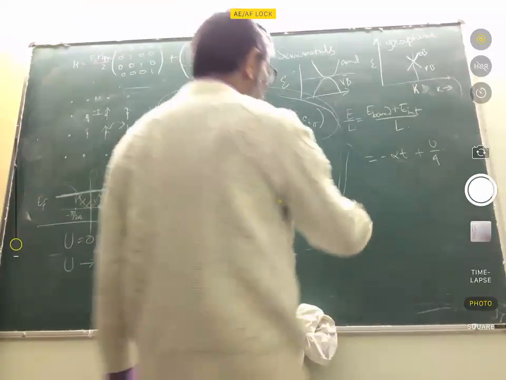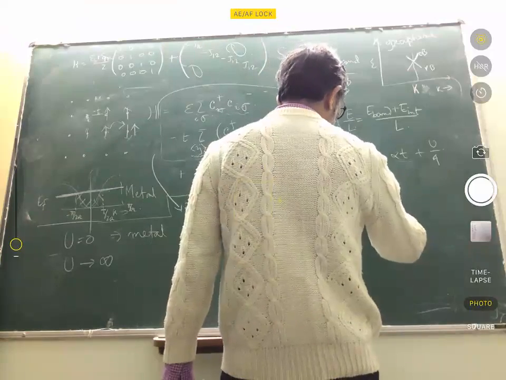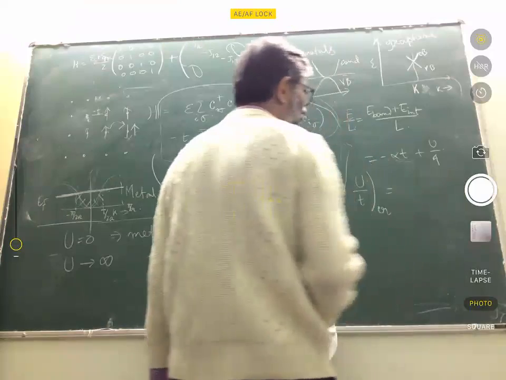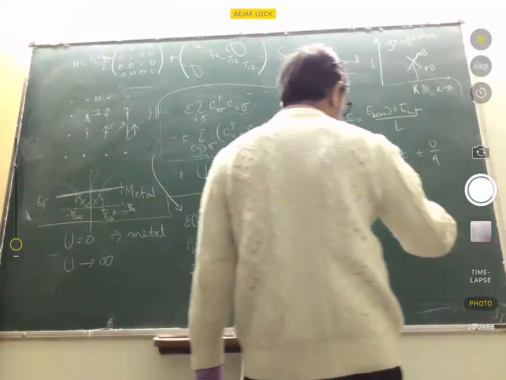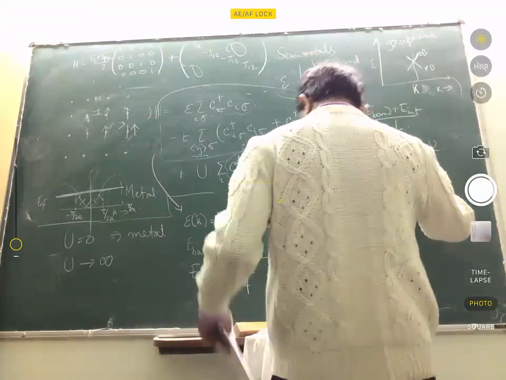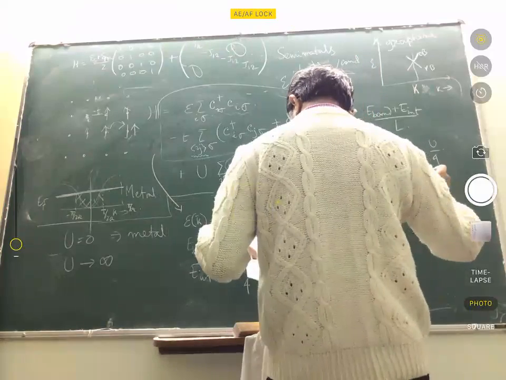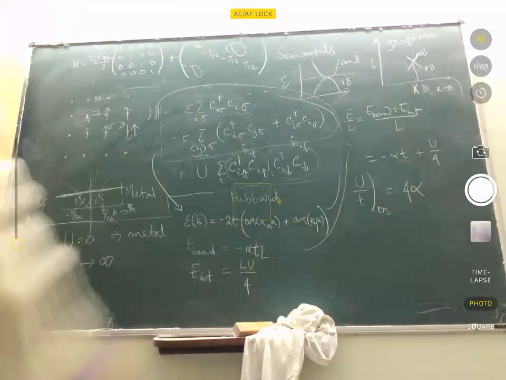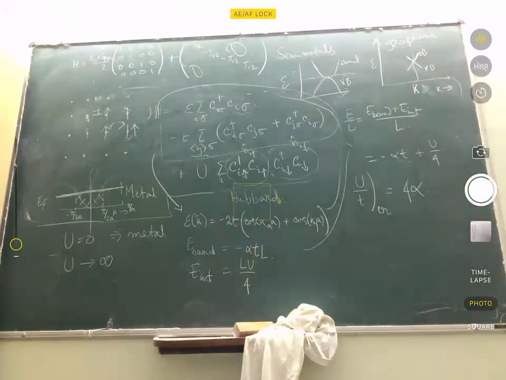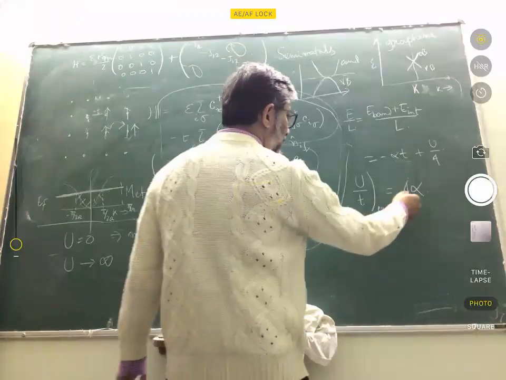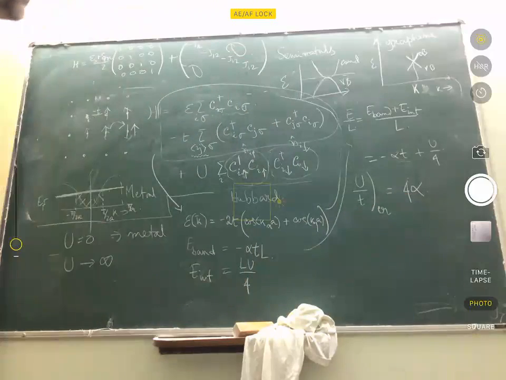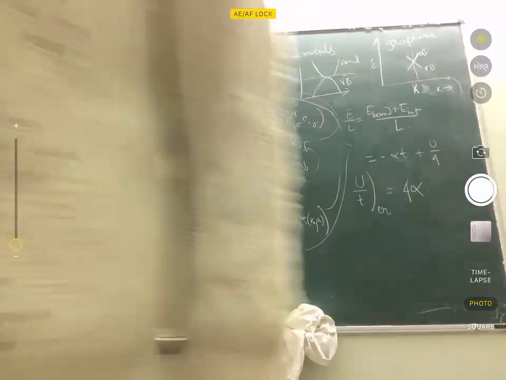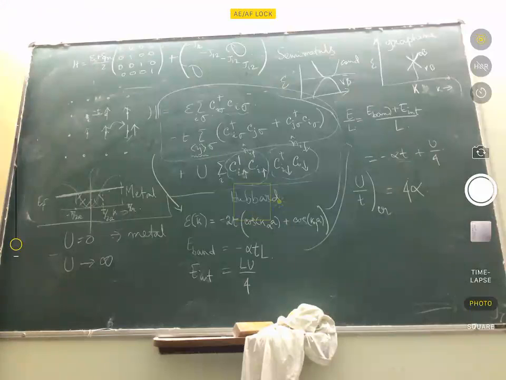And there is a critical value of U by T. When U by T becomes 4 alpha, beyond this value of U, this term dominates and the electron motion becomes suppressed.